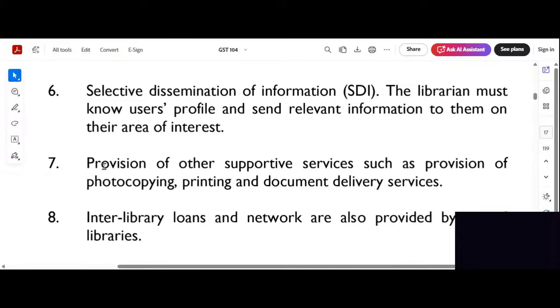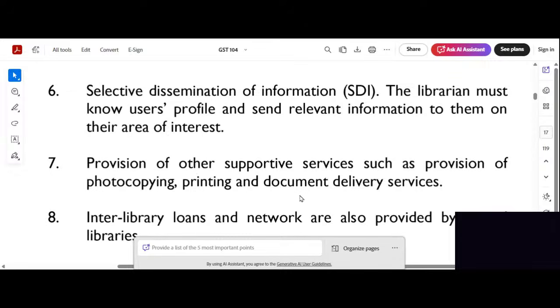So another thing the special or research libraries do is the provision of other supportive services such as photocopying, printing and document delivery services.